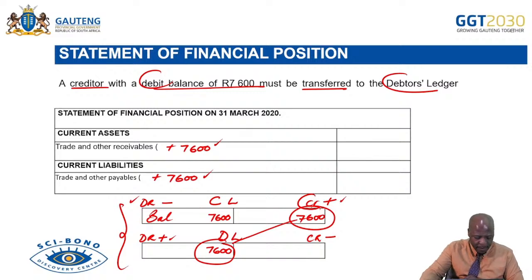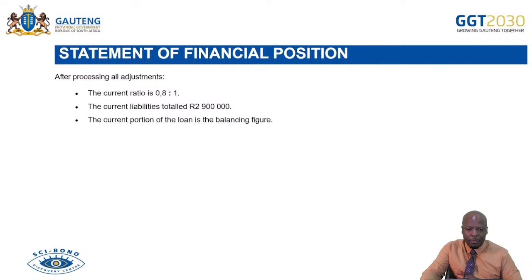My next one then is saying, after processing all adjustments, the current ratio is 0.8:1. Okay, so here I am being given the current ratio.